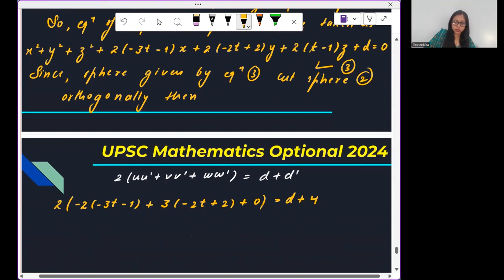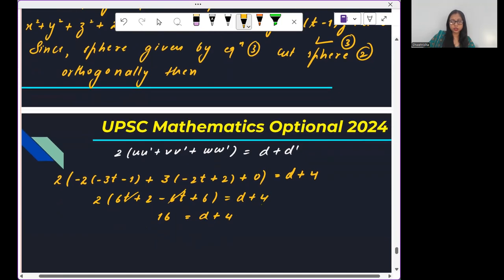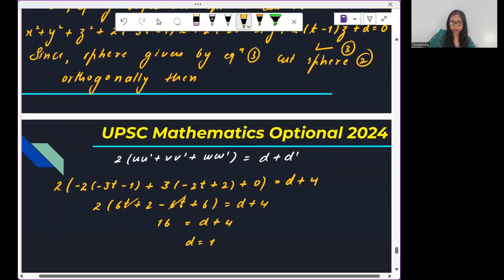So this gives us 2 times 6t plus 2 minus 6t plus 6 is equal to d plus 4. The t terms get cancelled. 16 is equal to d plus 4, and here you get your value of d as 12. Okay.